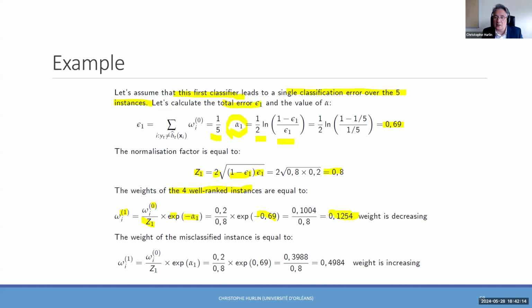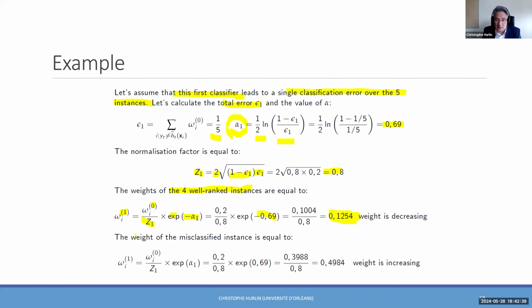So the new weight is 0.1254. So for the 4 people for which the first model makes a good prediction, the weight decreases from 1/5 to 0.12. So the weight decreases.